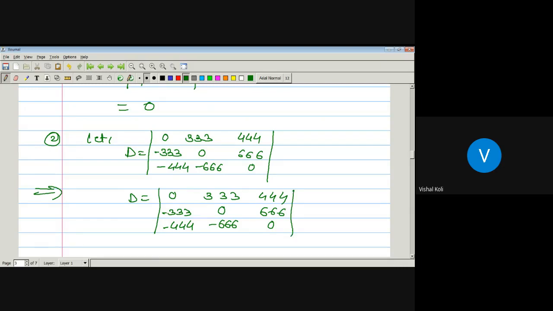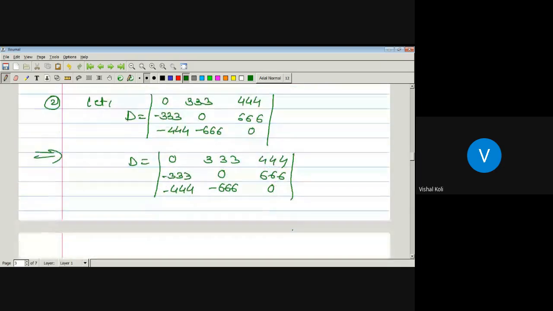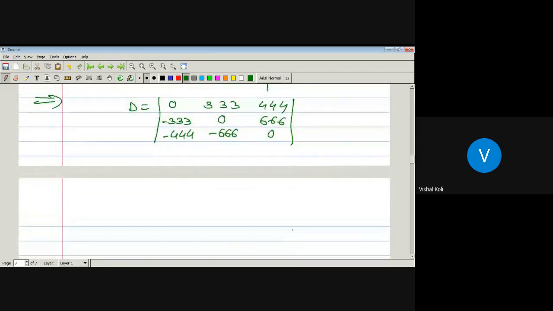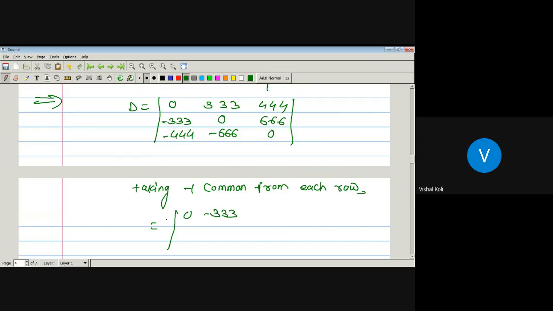Now, let us take minus 1 common from each row. Either take minus 1 common from each row or multiply each row by minus 1, both are the same thing. So it is equal to minus 1 common, then 0 here, minus 333, minus 444.